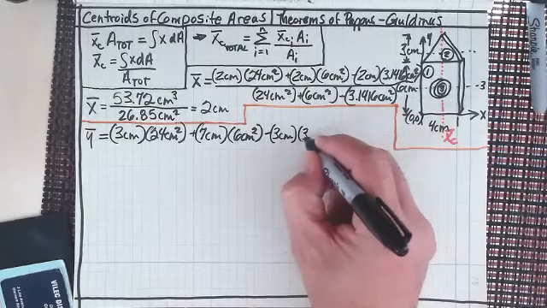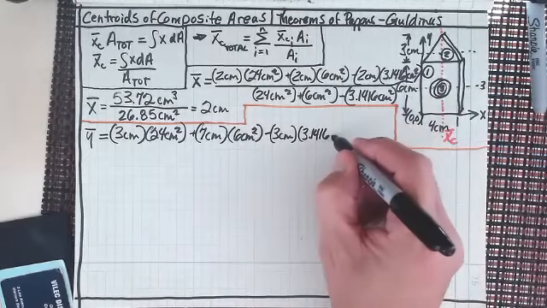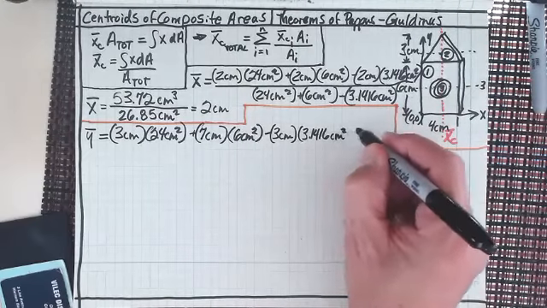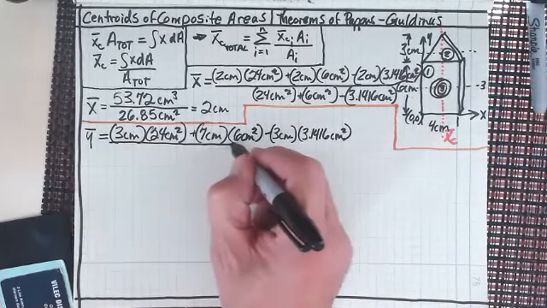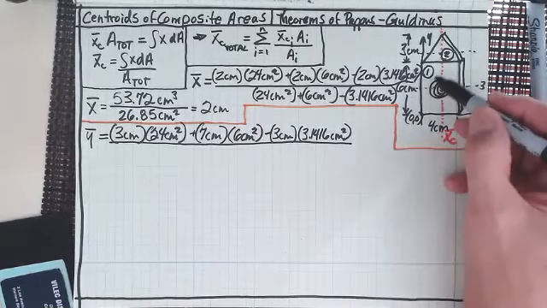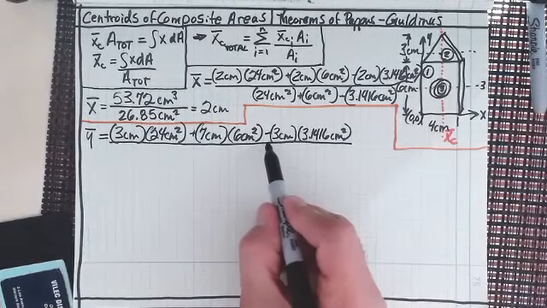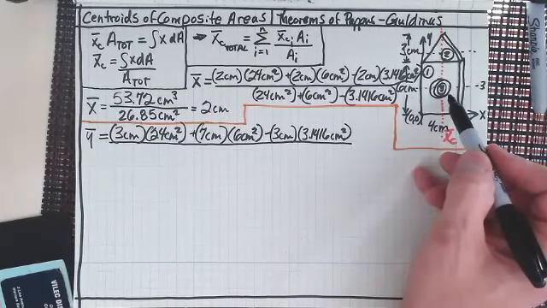So it's going to be 3.1416. I'll just continue using that. Square centimeters, right? And so we had to subtract that one off because that's a hole that is cut out of that. I always like to use this whole thing so you can see this is a negative, of course, because I'm cutting that out of there, right?